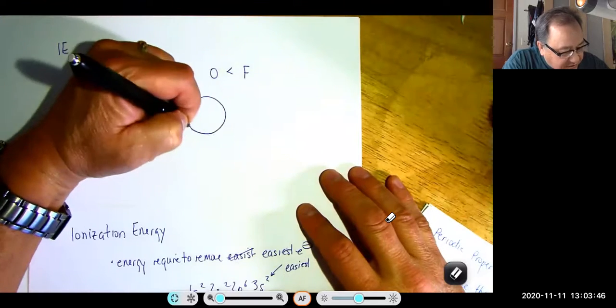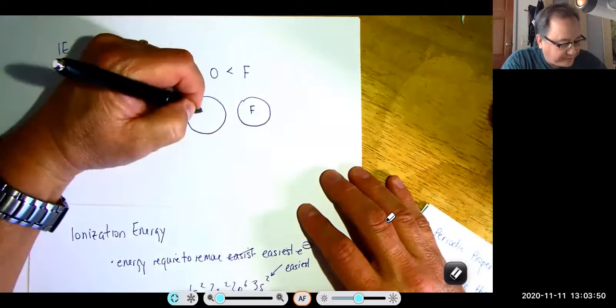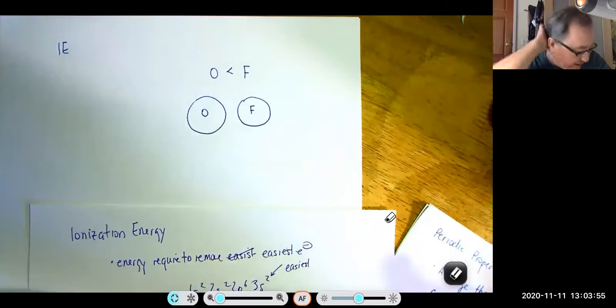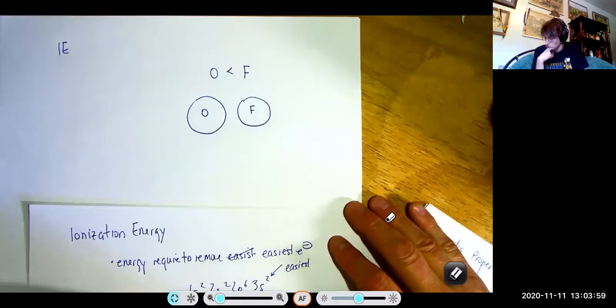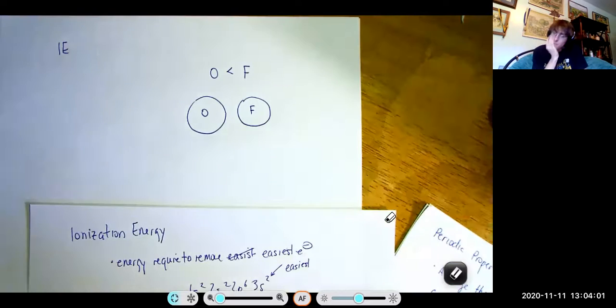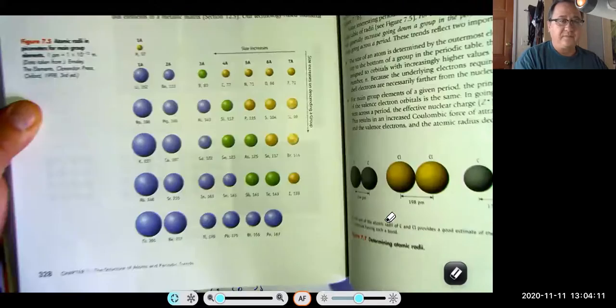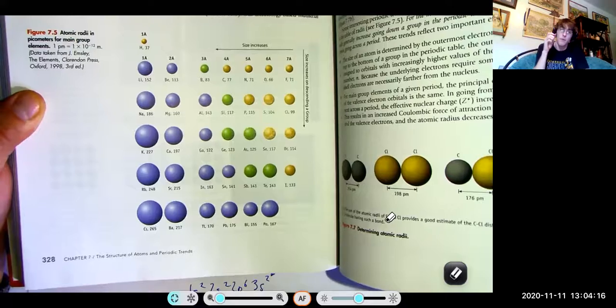Here's the size of oxygen. Here's the size of fluorine. Remember how the radii go down when you go across the period? The radii get smaller. Here's a picture of that. See how the radius gets smaller going across? Oh, yeah. I see that.